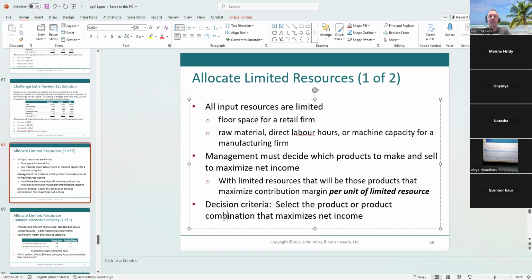If my goal is to achieve a doctor degree by the age of 20, then I'm going to maximize my limited resource. I'm going to find the combination of the limited resource that I have in order to get what I want within the time frame that I want. The same thing with you.